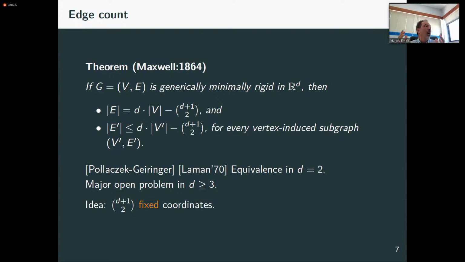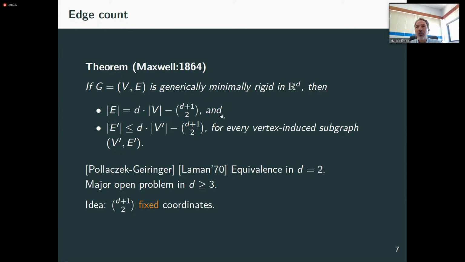Because in algebra, we know the generic number of equations to make a polynomial system well constrained. We know that the constraints should be equal to the number of variables if the coefficients have generic values. That's what Maxwell says, that the number of edges, which are the constraints essentially, must be equal to the degrees of freedom in a graph.